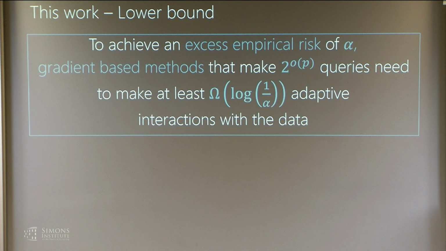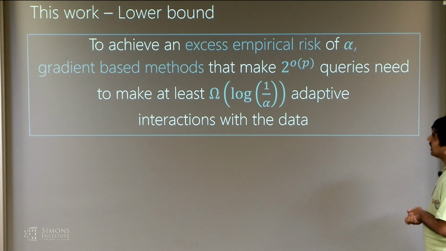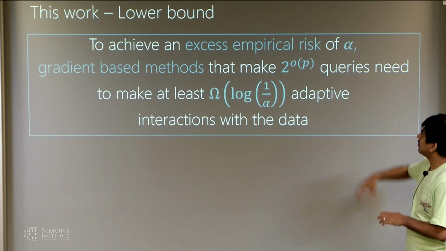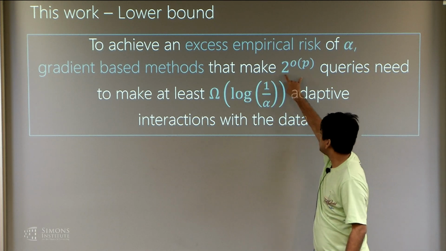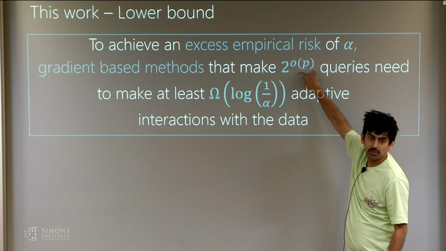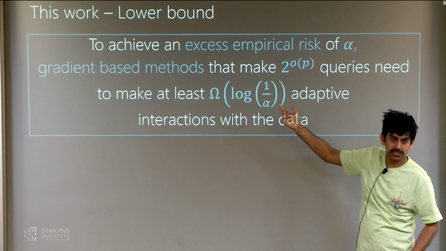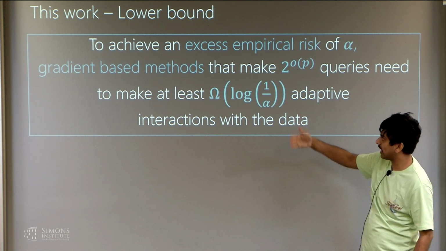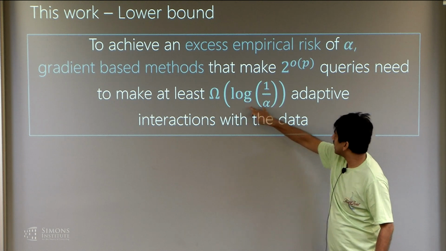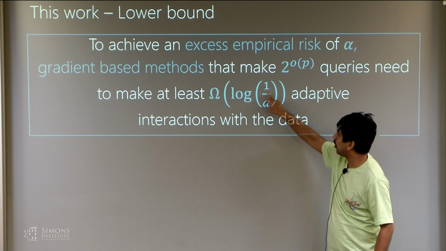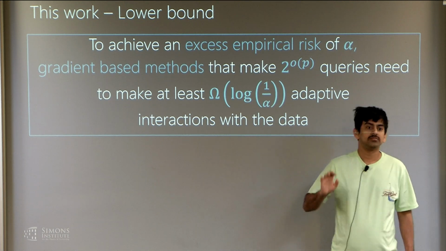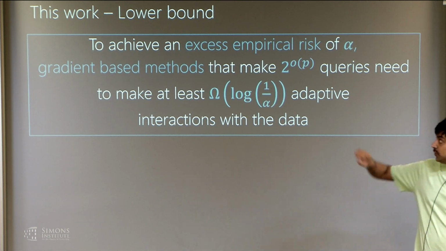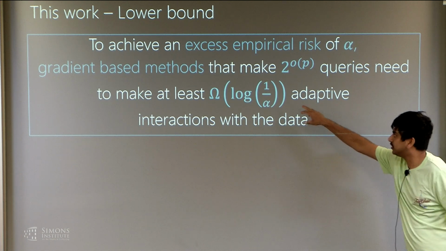In terms of lower bound, what we show is that to achieve an excess empirical risk of alpha, any gradient-based method that makes at most 2 raised to the power of small o of the number of dimensions queries to the gradient oracle needs to make at least omega of log of 1 over alpha adaptive interactions with the data. So this was our lower bound. You can actually improve this, I'll show in a bit.